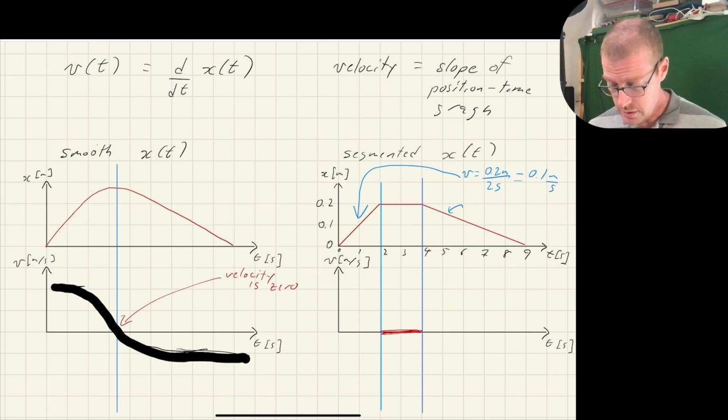Similarly, this one here, I go negative 0.2 meters in 1, 2, 3, 4, 5 seconds, which if I do my arithmetic right, I think is negative 0.04 meters per second.